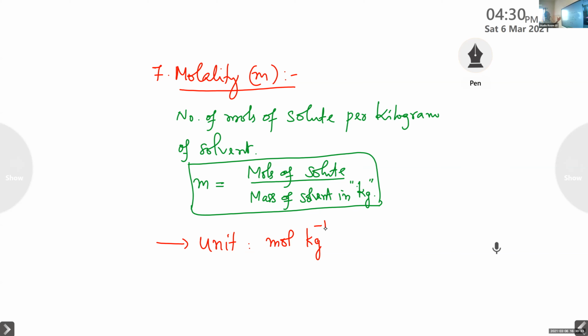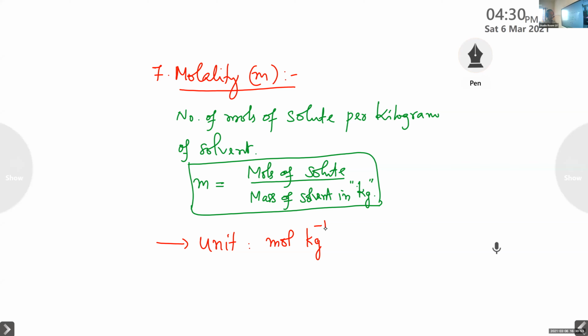Mole in the numerator, mass in kilogram in the denominator. That is why it is kilogram raised to -1 in the denominator. So mole per kilogram, that is the unit, and it is independent of temperature.